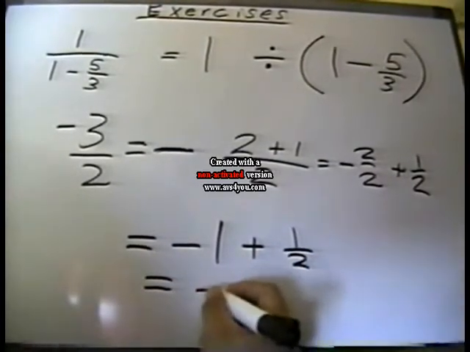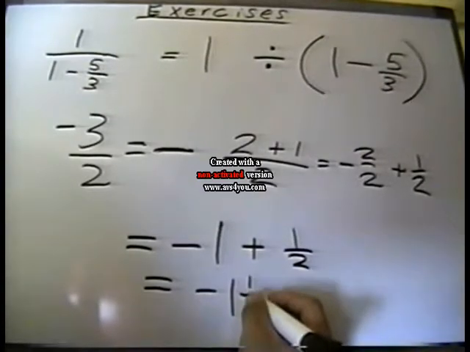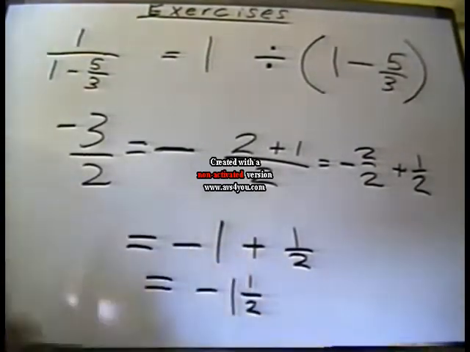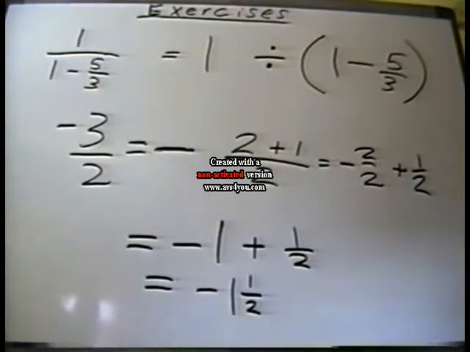So we say negative 1 plus 1 half, or negative 1 and 1 half.